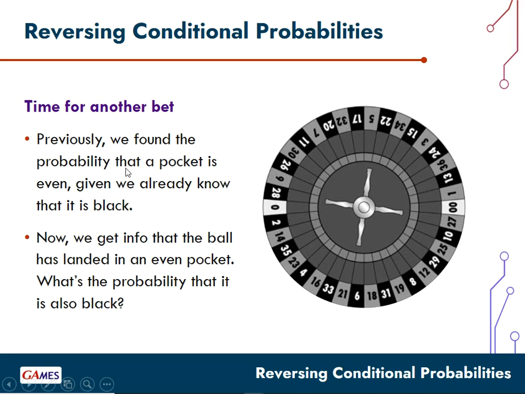Previously we found the probability that the pocket is even when we already know it's black.